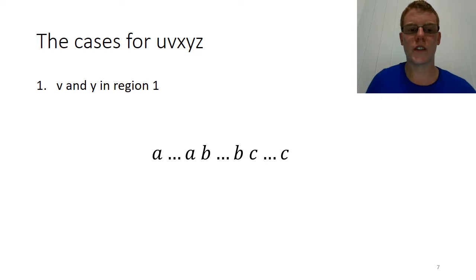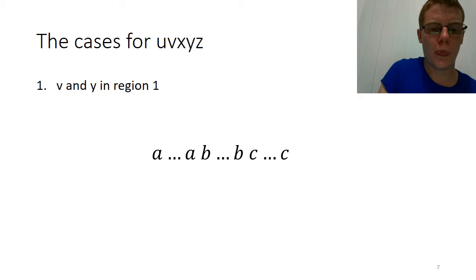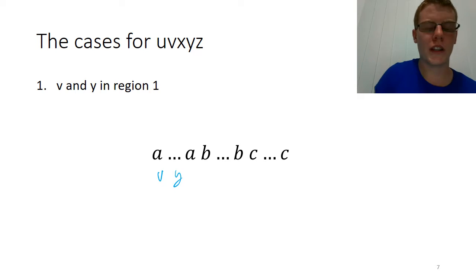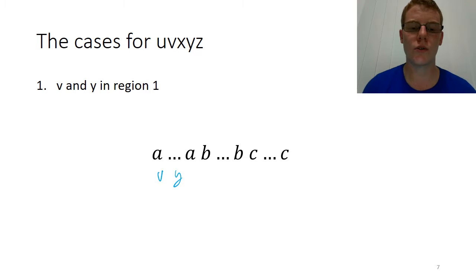So let's talk about the first case. V and Y are both in region 1. This one's pretty simple. If V and Y are completely in region 1, then between the two of them there is a non-empty number of A's.